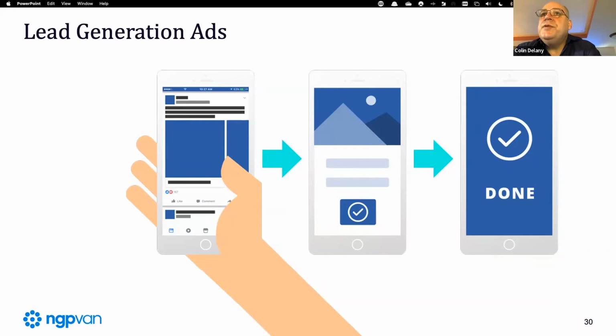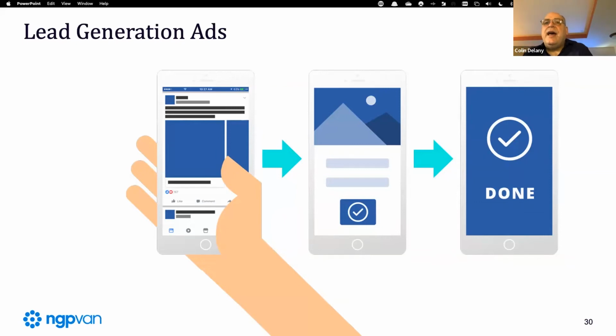They have signed up for your list or taken whatever the action is. If you have your mass email CRM system connected to Facebook, which is pretty straightforward, I think, for most of the providers, then the leads will flow directly into your email system. And once they're there, you can have your welcome series set up. You can begin your onboarding process.